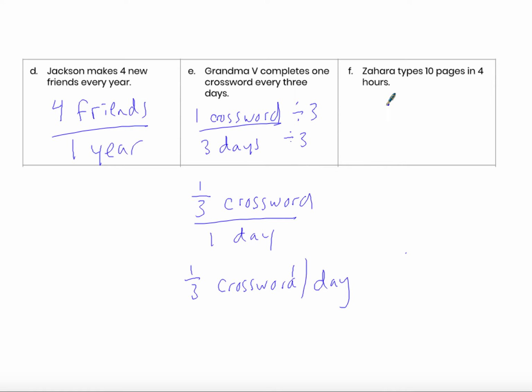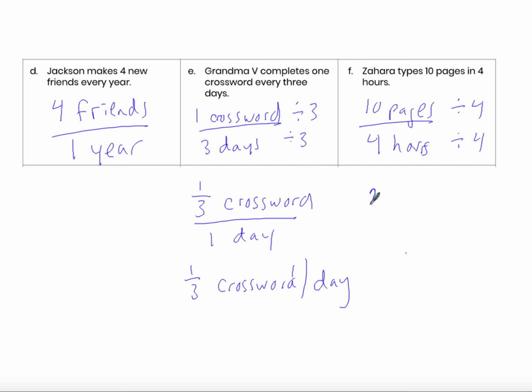Zahara is typing 10 pages in 4 hours. So her rate, 10 pages, 4 hours. We're going to divide the numerator and the denominator by 4. 10 divided by 4, you could write it as 10/4. So 10/4 is the same as 5/2, which is the same as 2.5.